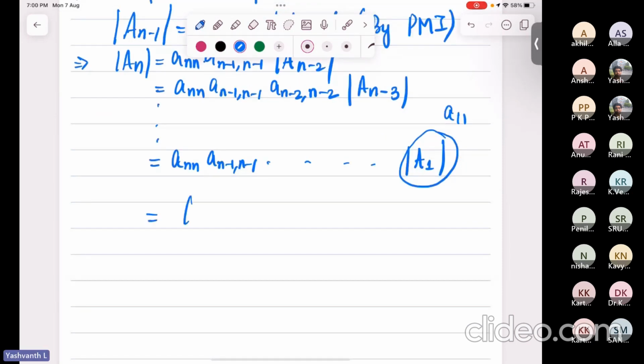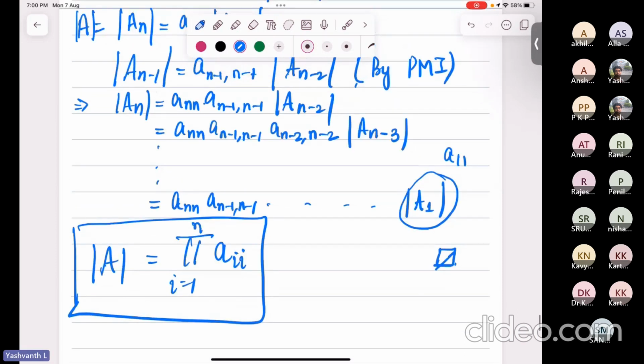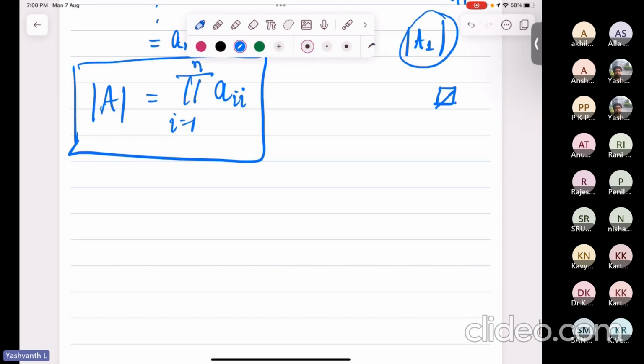Nothing but the product of a_ii for i equal to 1 to n, equal to determinant of A. Okay, I hope it was clear. Does anyone have any doubt? Okay, so I see no one has any doubt.